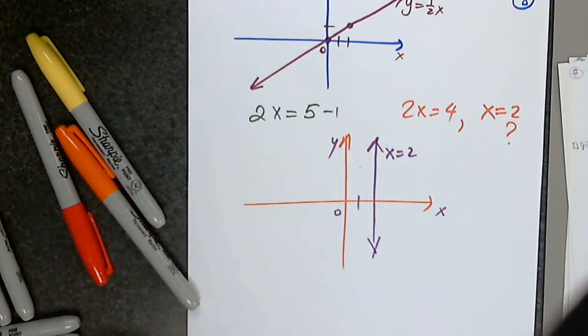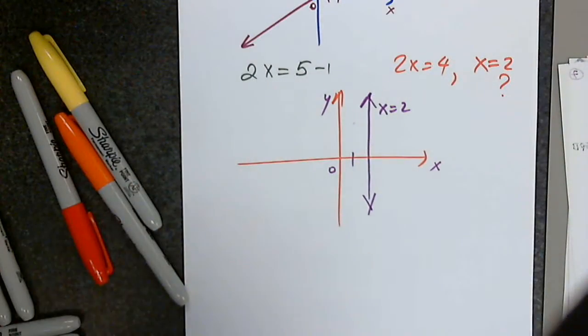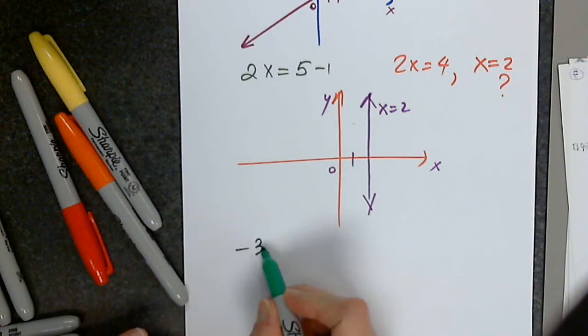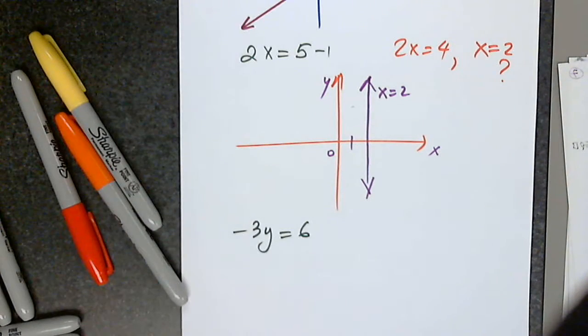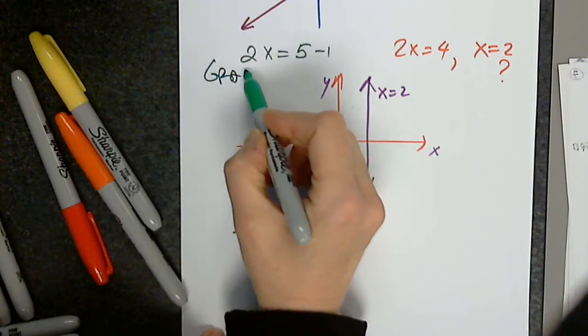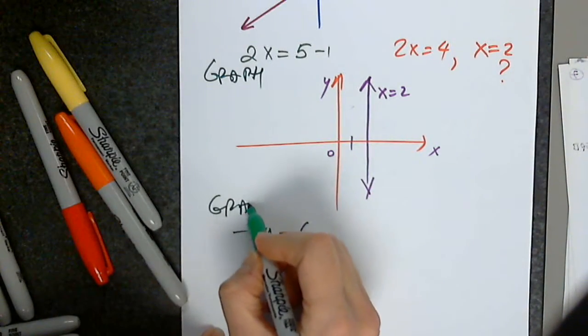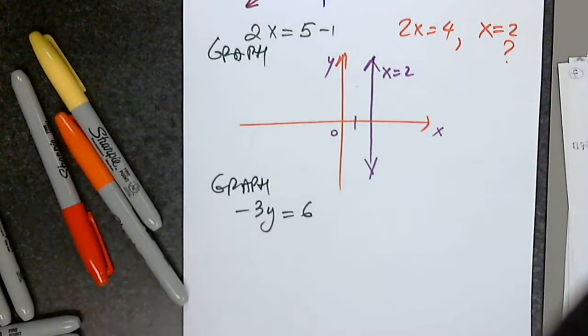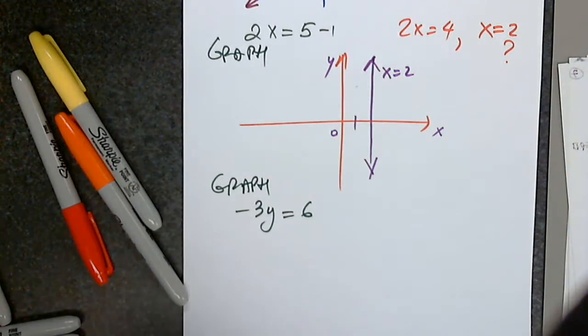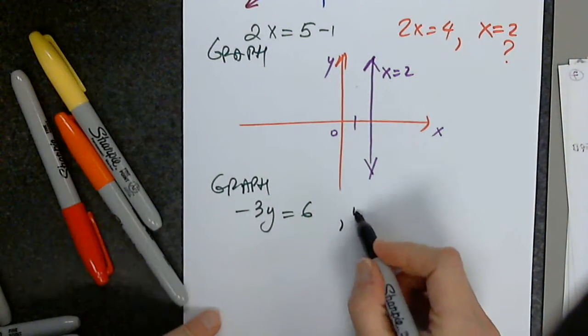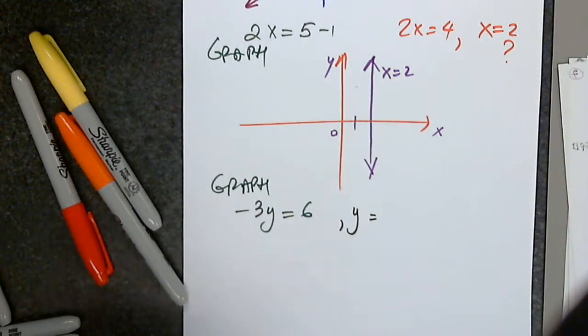Okay, here's another one. Negative 3y equals 6. I'm asked to graph. So this was graph. This is graph. What do I do first? Divide both sides by -3. Awesome. What do I get for y? -2.